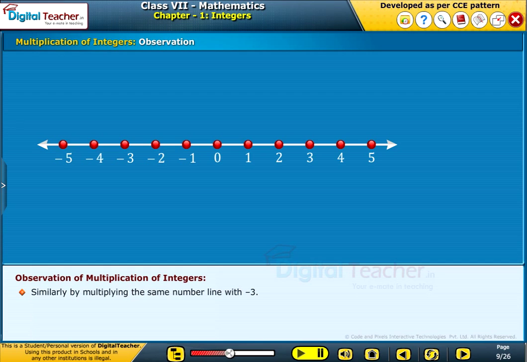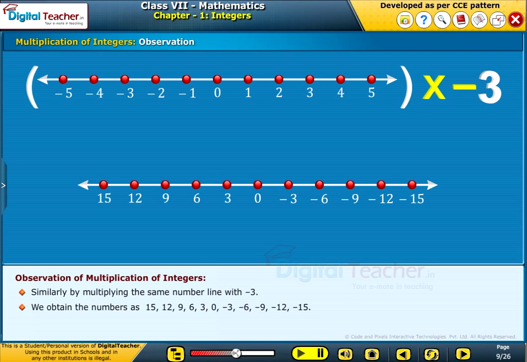Similarly, by multiplying the same number line with -3, we obtain the numbers as 15, 12, 9, 6, 3, 0, -3, -6, -9, -12, -15.